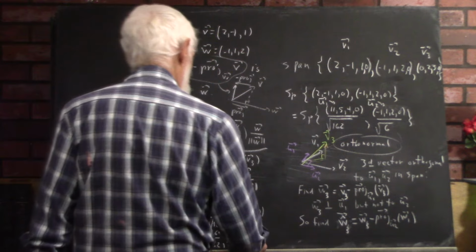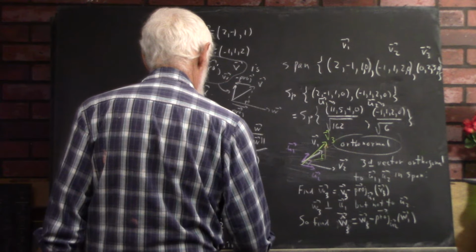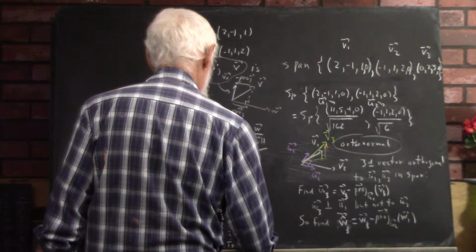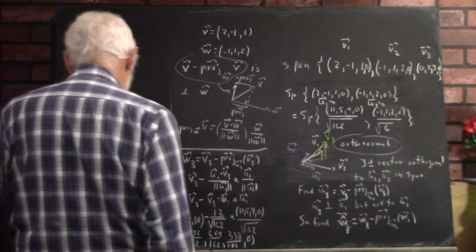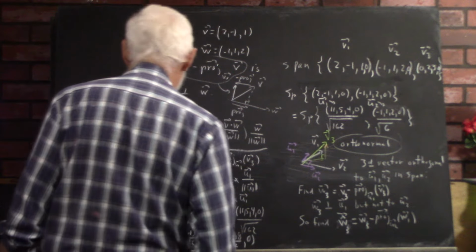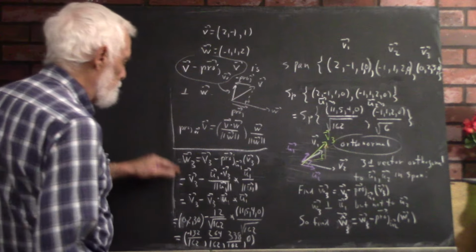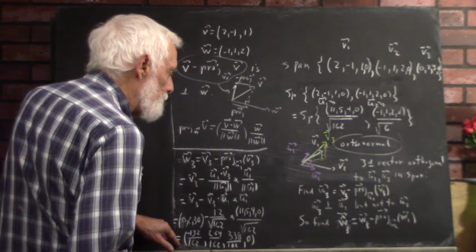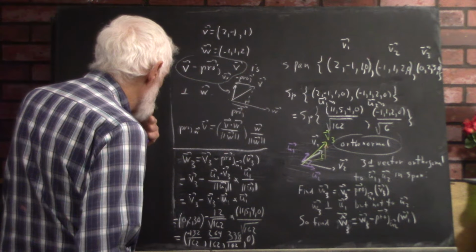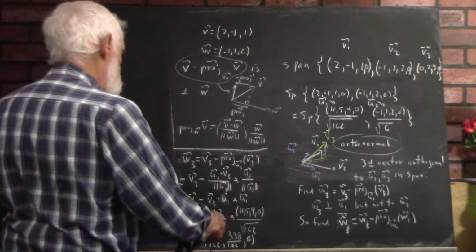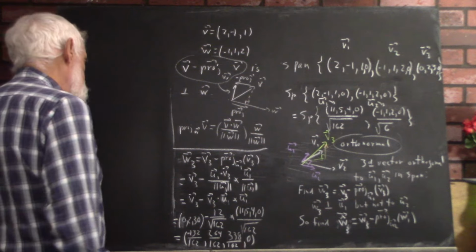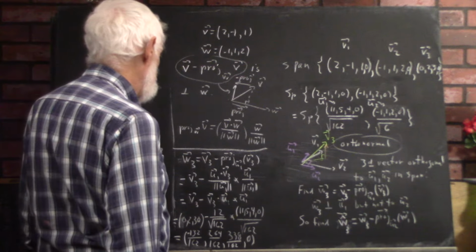And we've got 0 on the end. Okay, so that's W3. And then we can reduce these things.